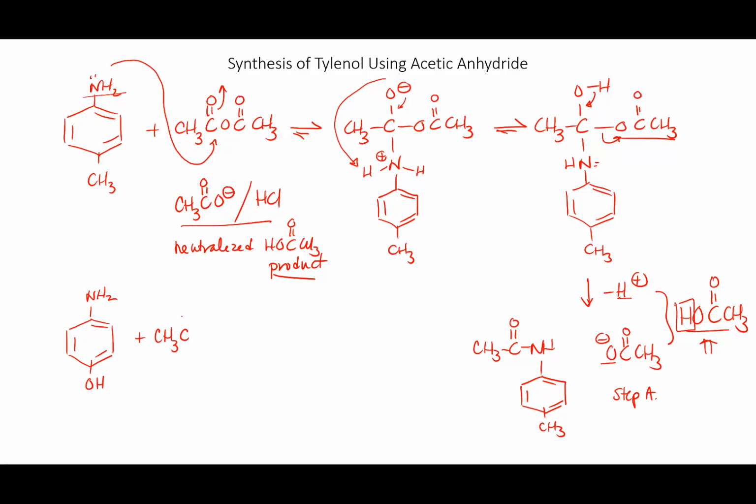And this is a really good synthesis of Tylenol. Which of these two potential nucleophiles is going to react with the acetic anhydride? The stronger of the two. Which one of those is the stronger of the two? Remember our periodic table of CNOF.